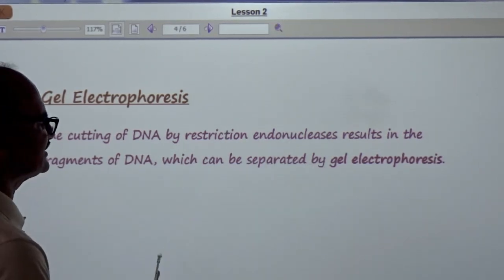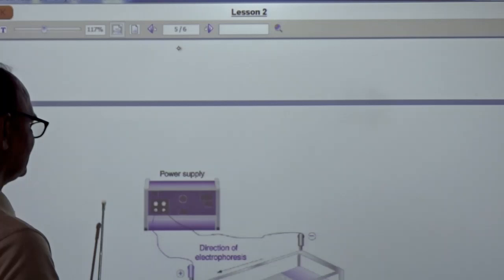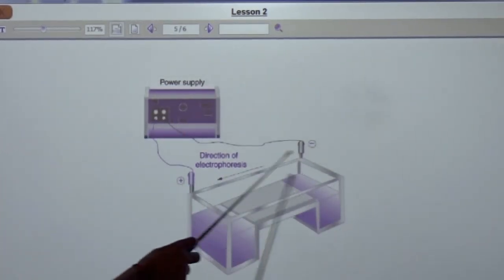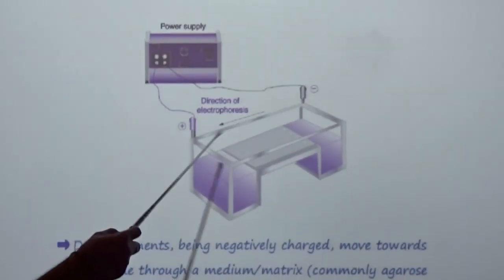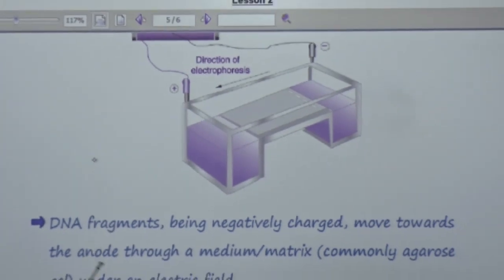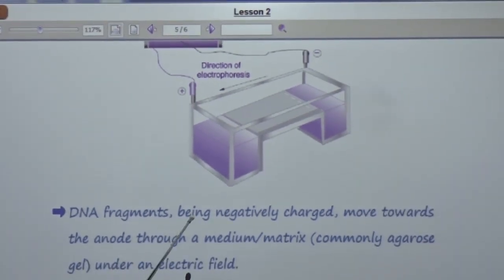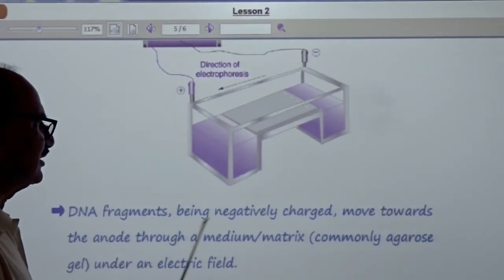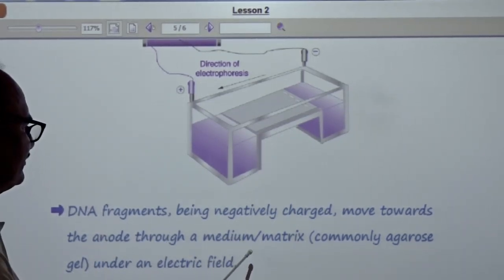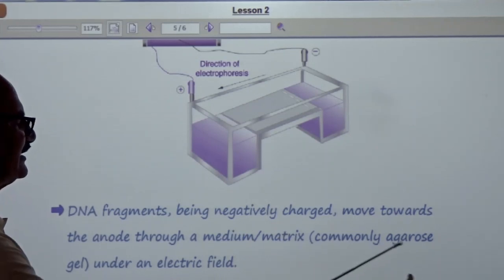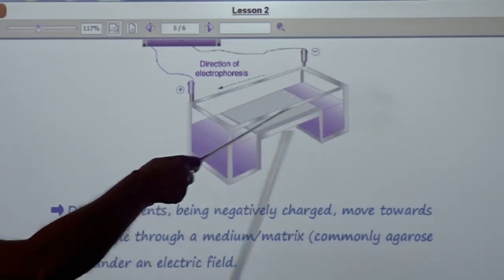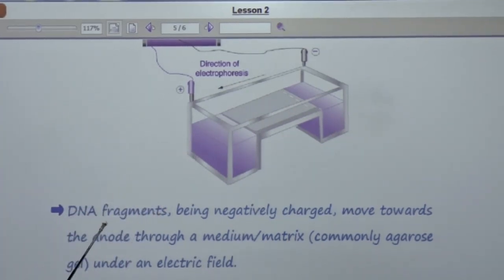This is a device based on an electric field. Here this is the power supply and this is the gel electrophoresis machine. Very simply, DNA fragments, which are negatively charged, move towards the anode through a medium or matrix commonly known as agarose gel, under an electric field.